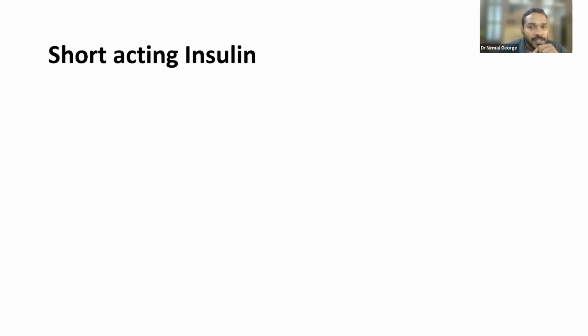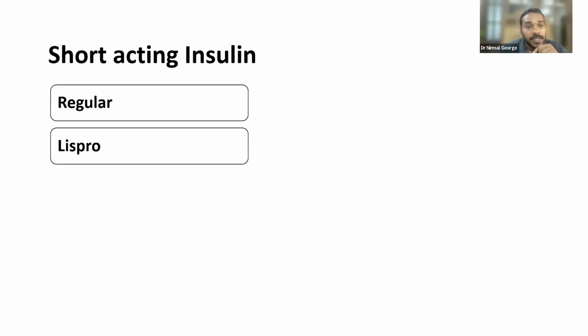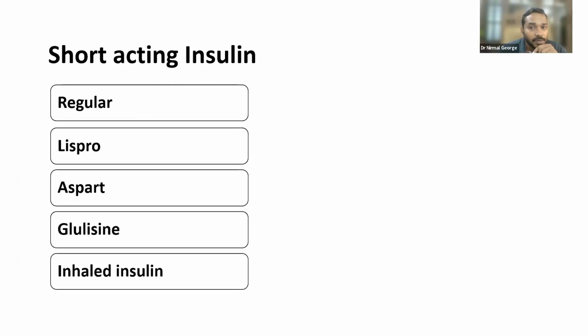The short-acting insulins include regular insulin, insulin lispro, insulin aspart, insulin glulisine, and also inhaled insulin. Lispro, aspart, glulisine, and inhaled insulin can be considered as ultra short-acting insulins.